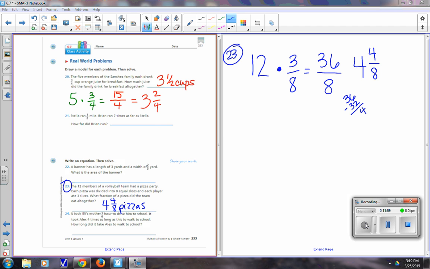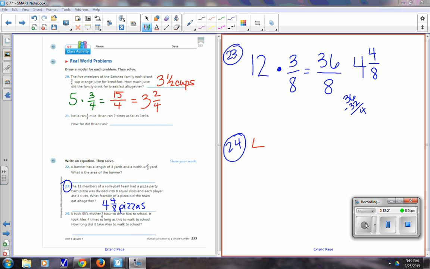So number 24, and this is the last one I will do with you. You need to do 21 and 22, and we will do page 234 in class. It took Eli's mother 1/6 hour to drive him to school. It took Alex 4 times as long as this to walk to school. So it's 4 times 1/6 of an hour. How long did it take for Alex to walk to school?